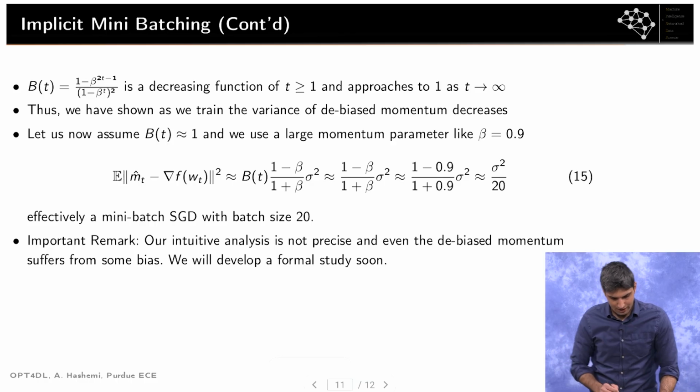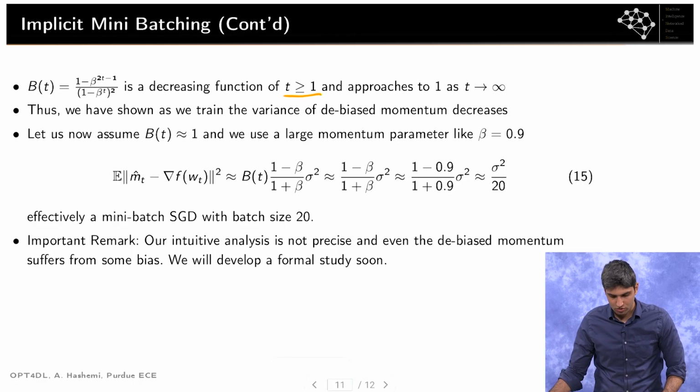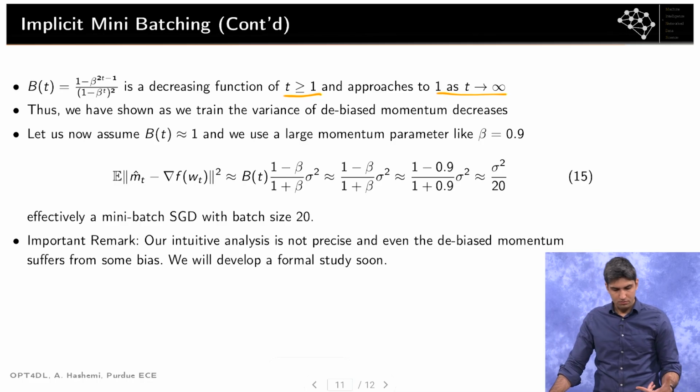It's not too difficult to plot this as a function of time and notice that it's a decreasing function of time for any t larger or equal to 1, and it approaches 1 as t goes to infinity. So what's one conclusion we can make here?